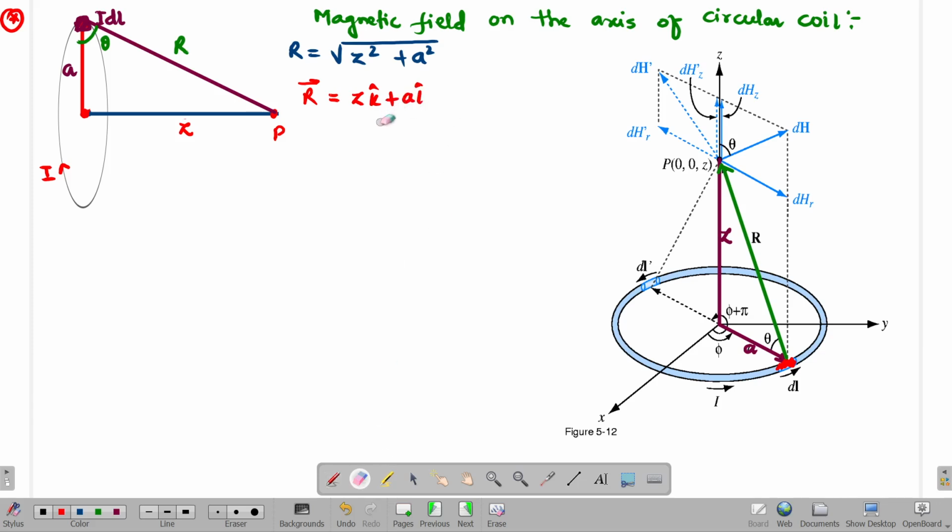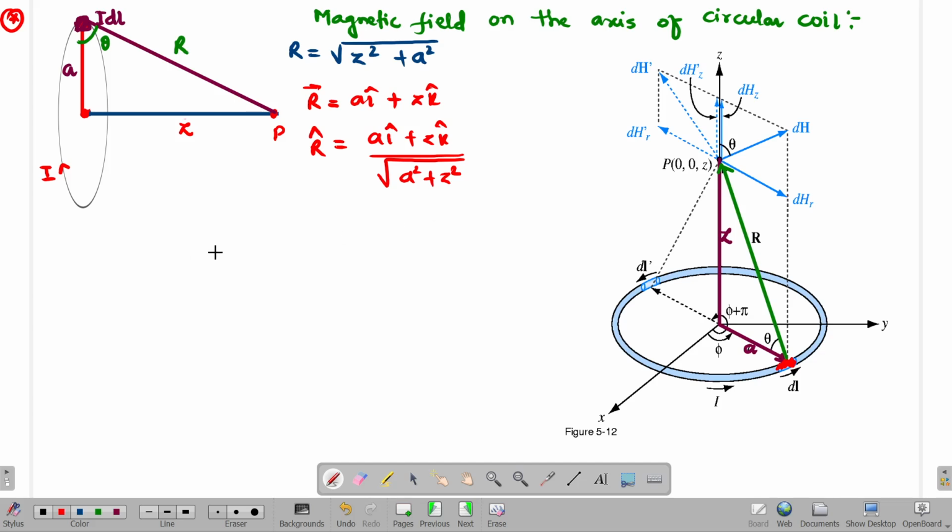Tell me yes or no. Not even A i cap, A is along the circumference, we do not know where it is. So let's suppose I'm writing R vector as A i cap plus Z k cap. So if I write R cap, it is A i cap plus Z k cap divided by root over A square plus Z square, isn't it?